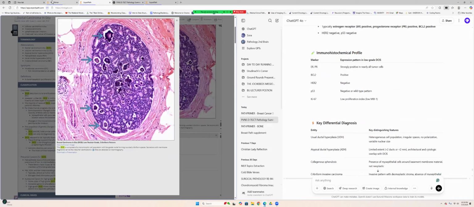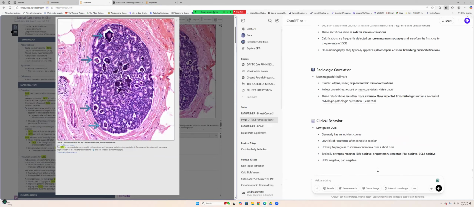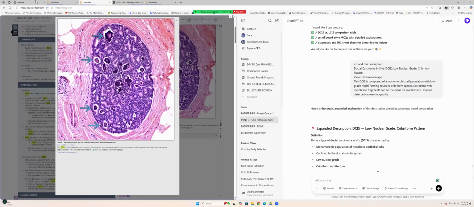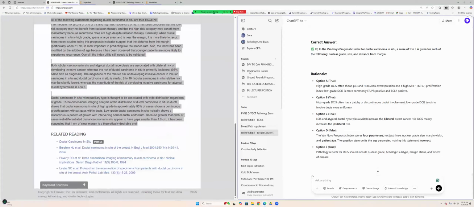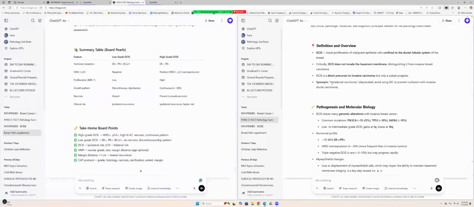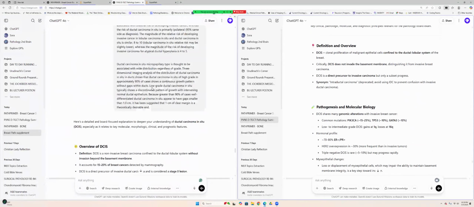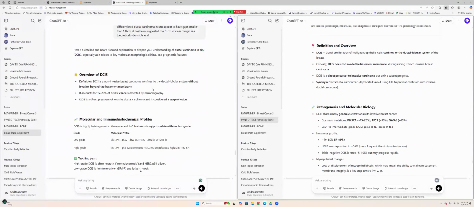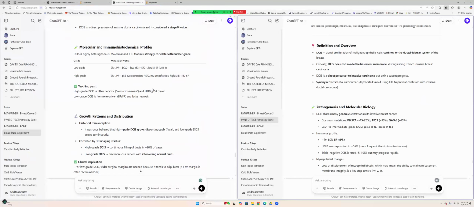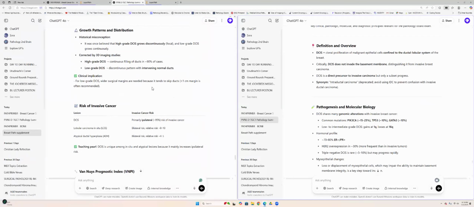P63 will be negative inside the lumina of these spaces, but it's going to be positive on the outside, showing that myoepithelial cells are preserved.